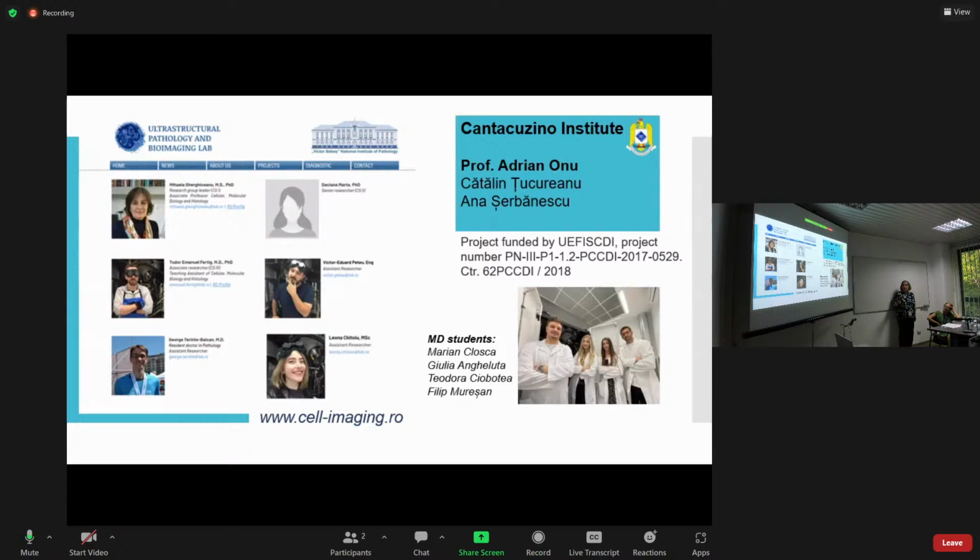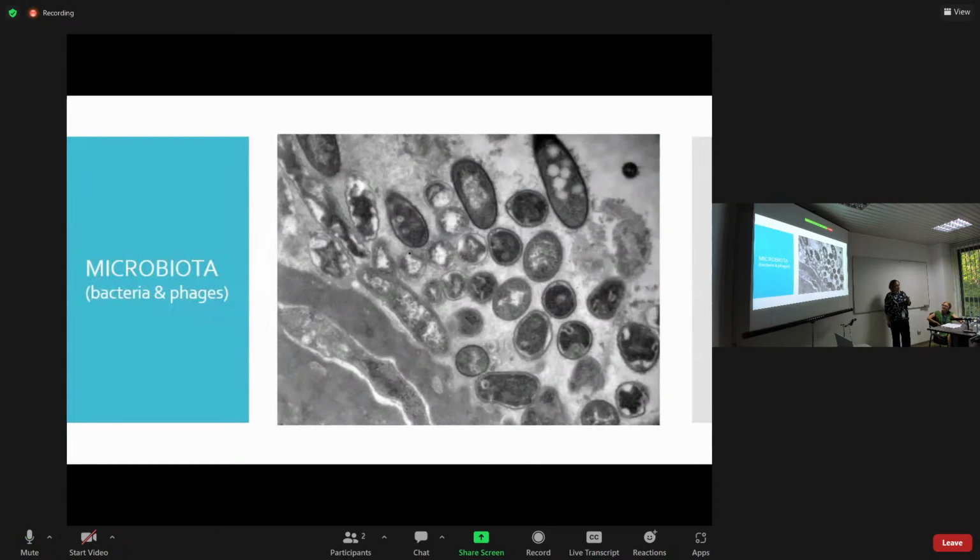We worked in collaboration with Professor Onu and his team on an influenza vaccine, and we have many students from the medical faculty working with us on image processing, especially because it's time consuming and requires good knowledge of the software.